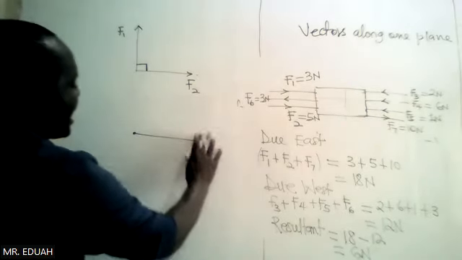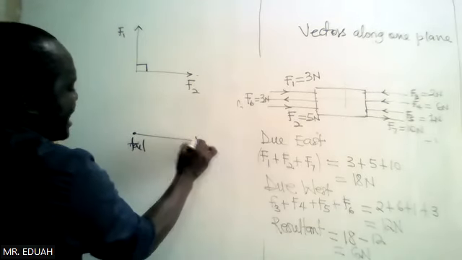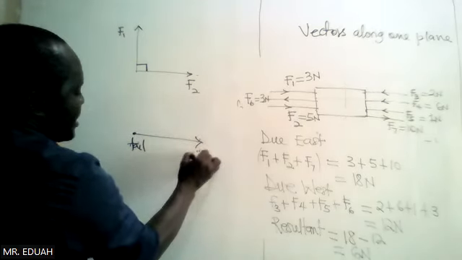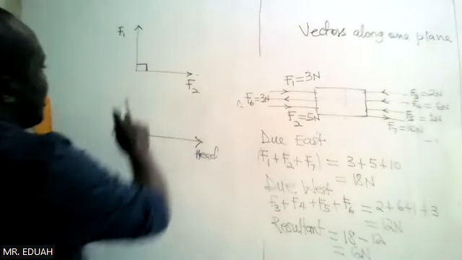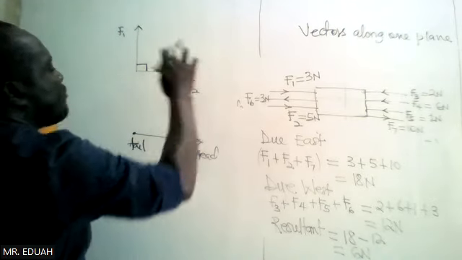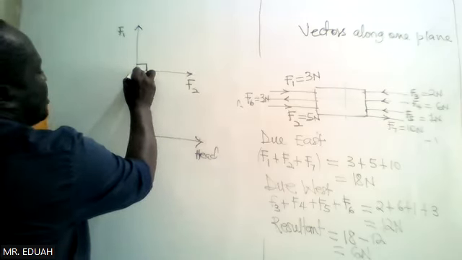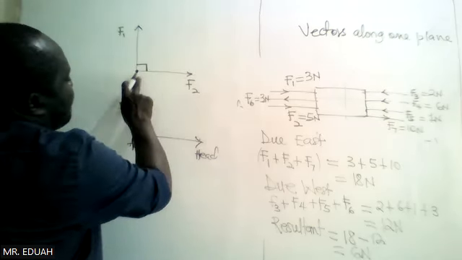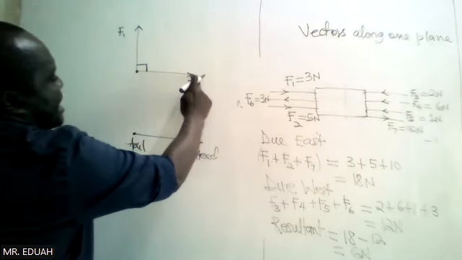So for a vector, this is the tail of the vector, this is the head of the vector. So I'm going to create an equal vector of F1 and place it on the head of F2. Don't forget this is the tail of F2, same as the tail of F1, but this is the head of F2.